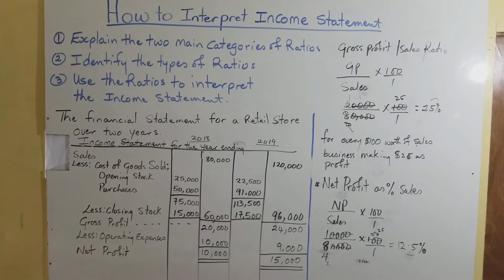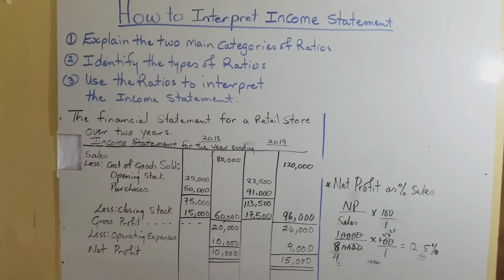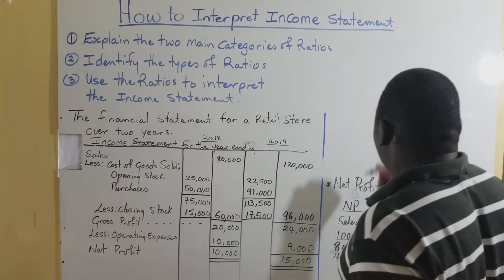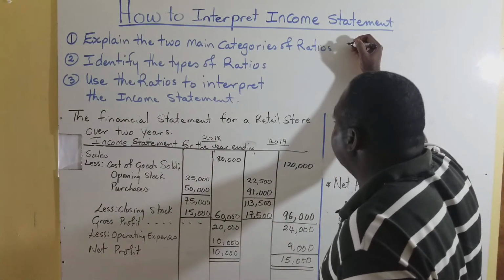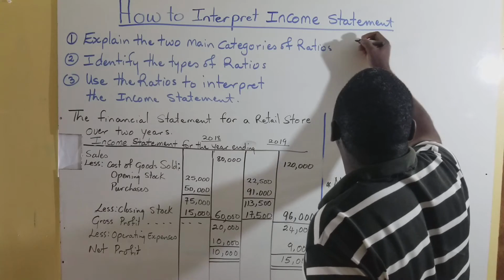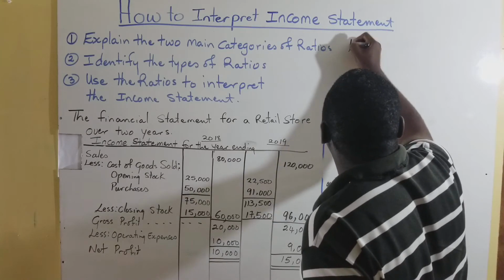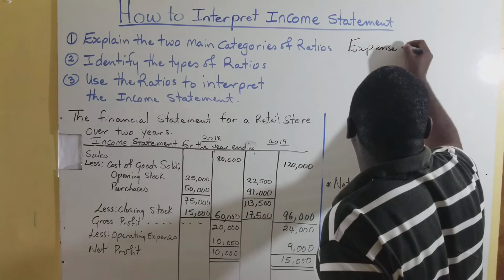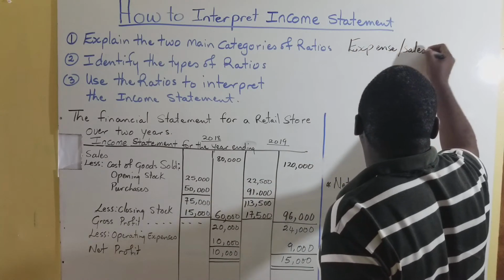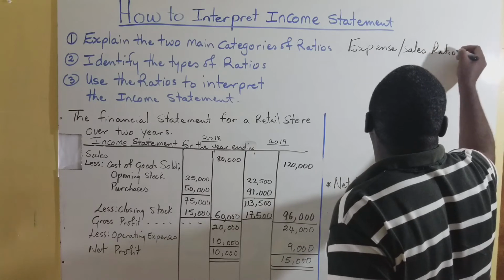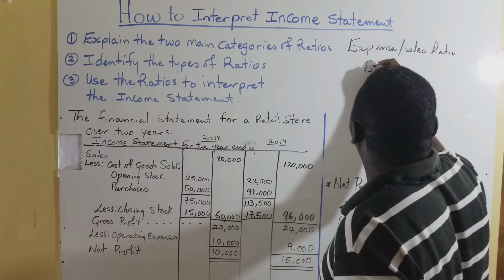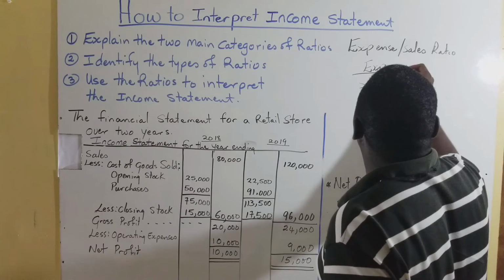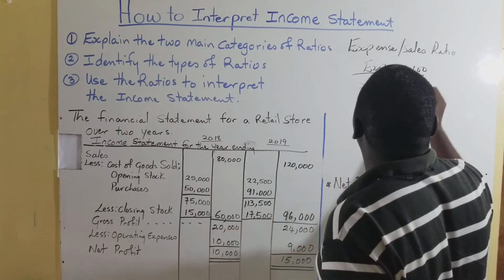Okay, so the next task is to do the expenses to sales ratio, which is equal to your total expenses over your sales times 100.